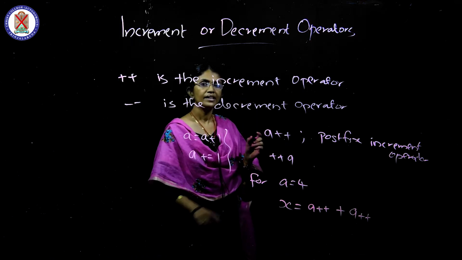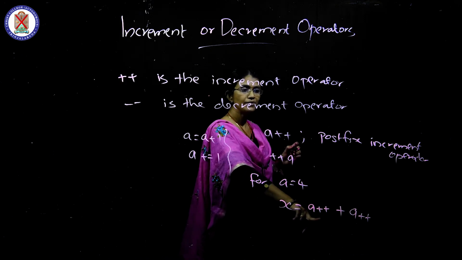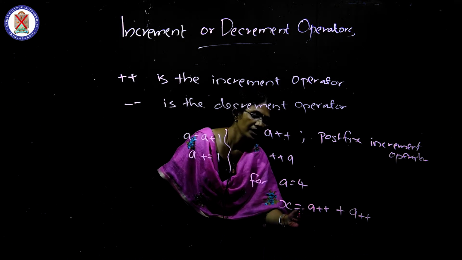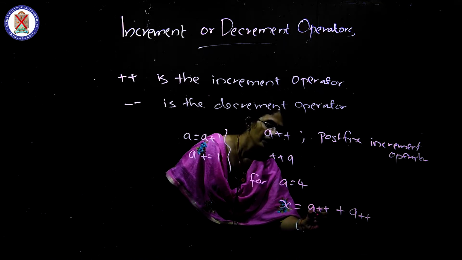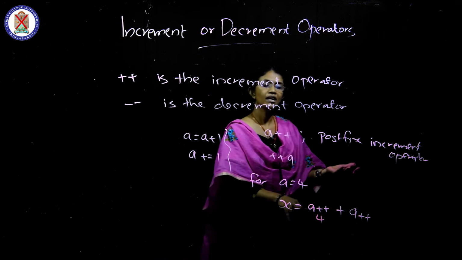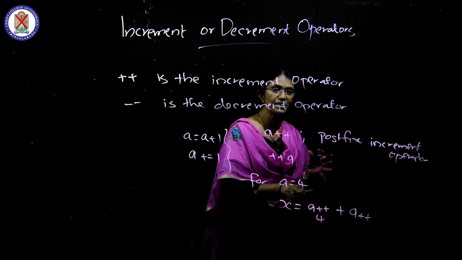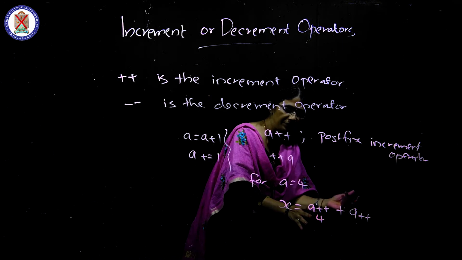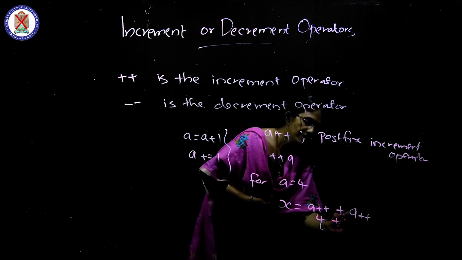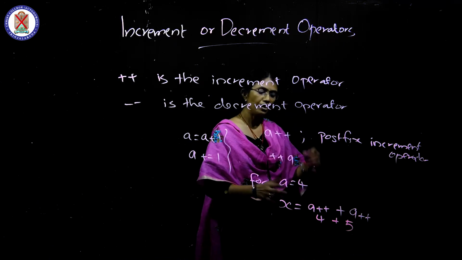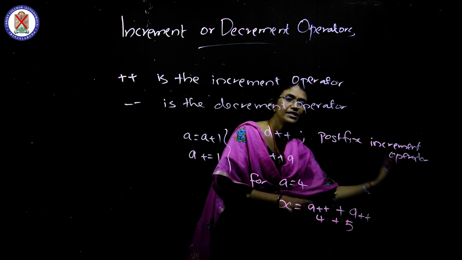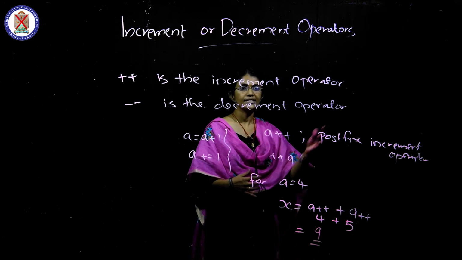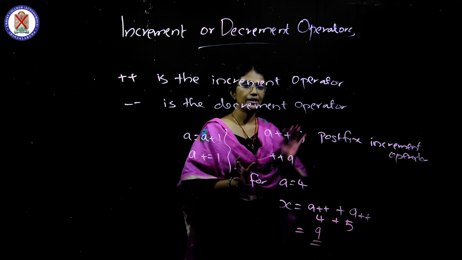This is the postfix increment operator. First we assign the value. What is the value? The value is 4. Then after the assignment we increment the value, so now its value is 5. Then here we assign the value as 5. After this assignment it will increment. Now we get the value as 9. This is the case of the postfix increment operator.